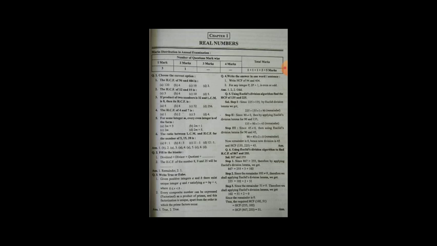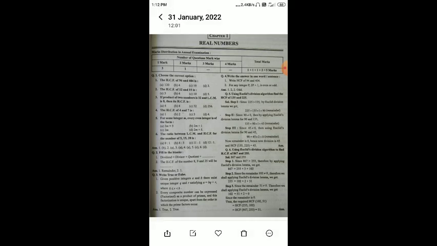Now HCF will go from division to multiplication on the LHS, and the LCM will come from the numerator to the denominator in division. Then by dividing it we will get our desirable answer.